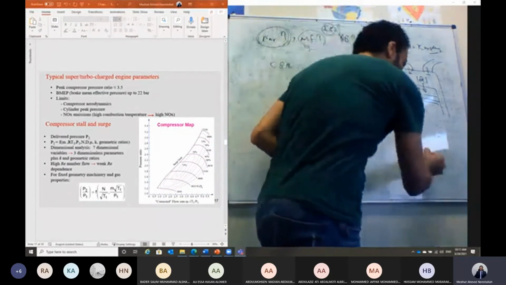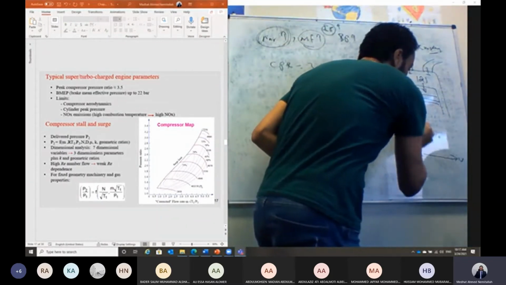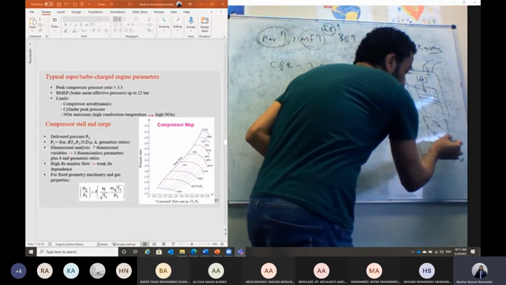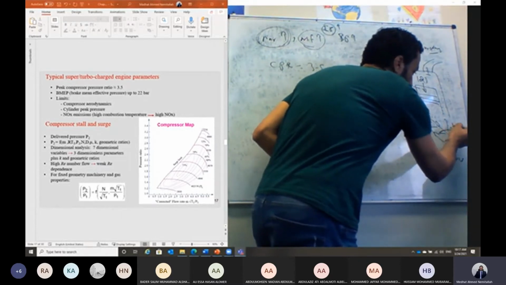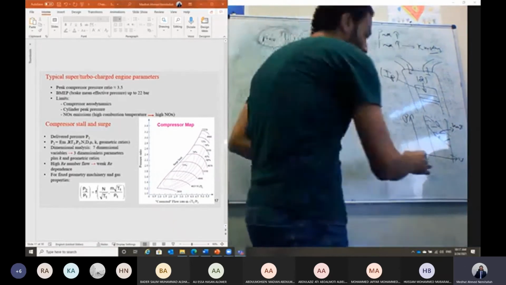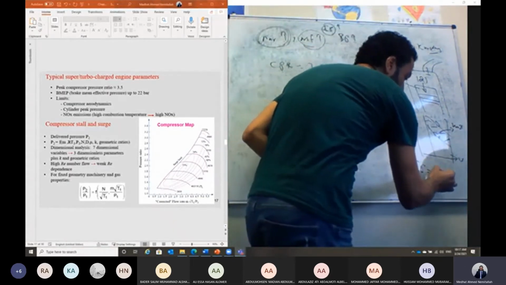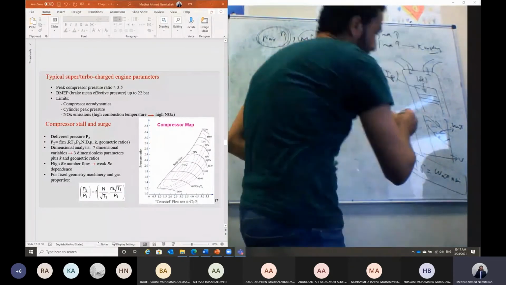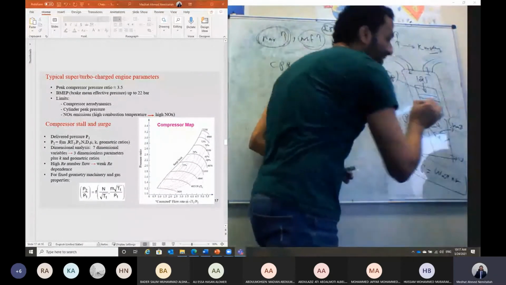This indicated power, guys, is represented on the PV diagram by the cycle. If you remember, we said this is the net work. The indicated power is equal to the net work multiplied by the mass flow rate. So this net work is the indicated work.